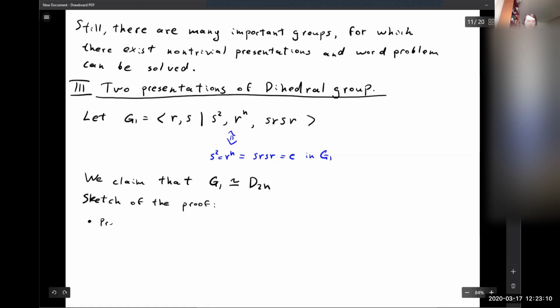Step 1, prove that every word can be presented as one of the following.